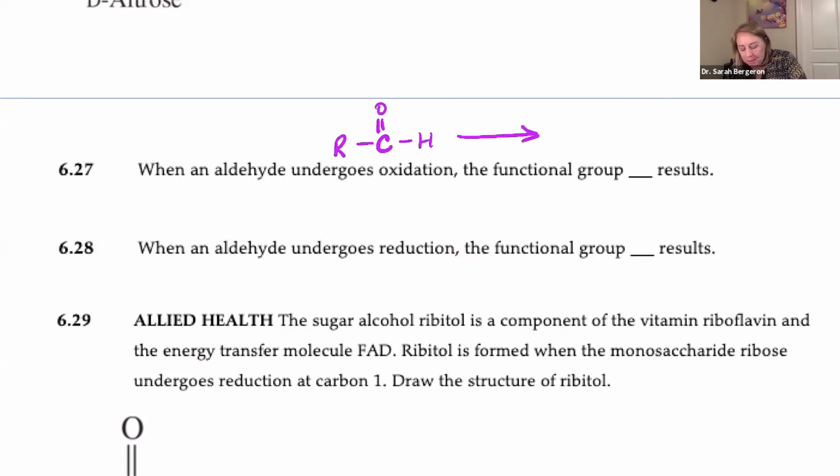What's going to happen? You have two different reactions that can happen. You can have an oxidation reaction, or you can have a reduction reaction. In an oxidation reaction, you're going to add oxygen. In a reduction reaction, you're going to add hydrogen. So what's that going to look like in my oxidation?